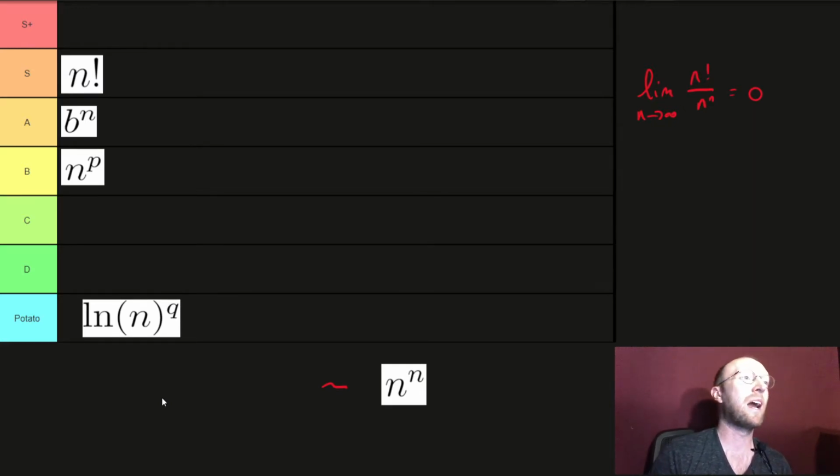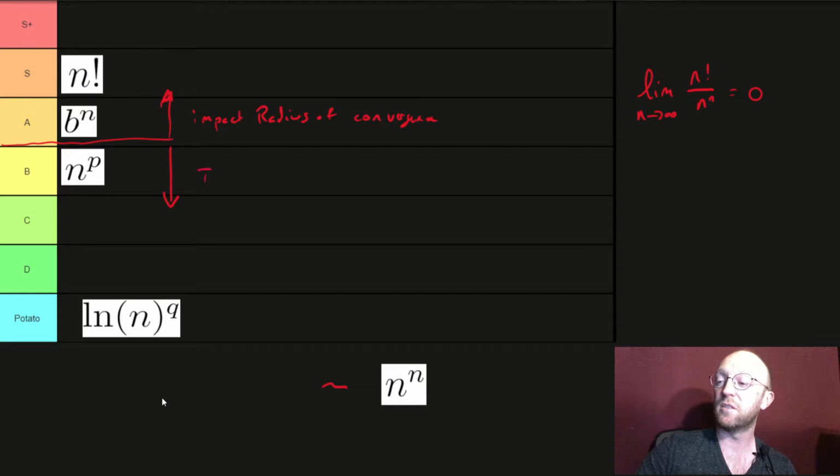How dominated? This is an interesting thing. We talk about these tiers. So A tier and above, we're going to impact our radius of convergence. Down here, we're doing the endpoints only.